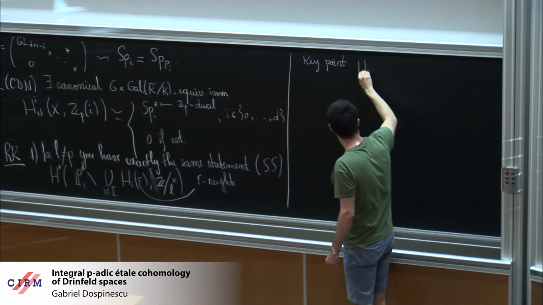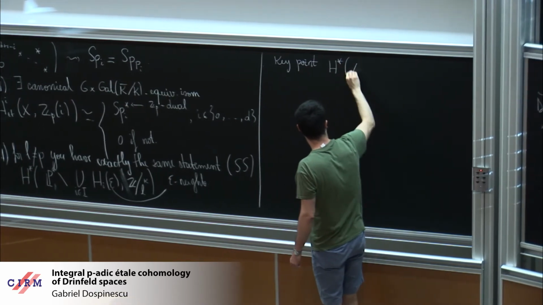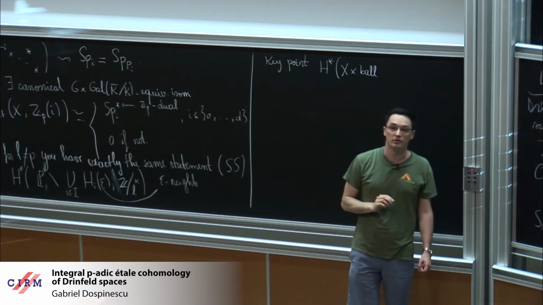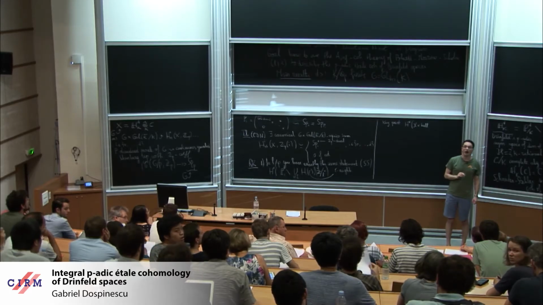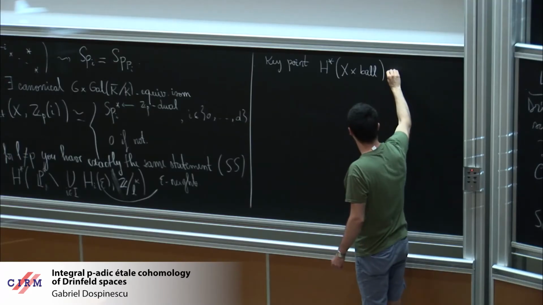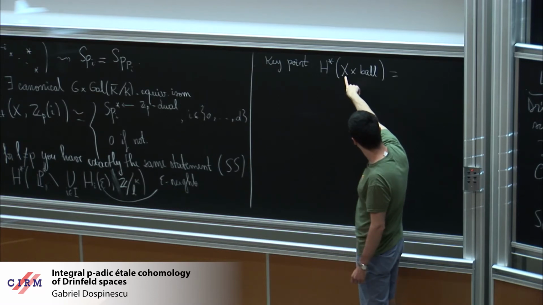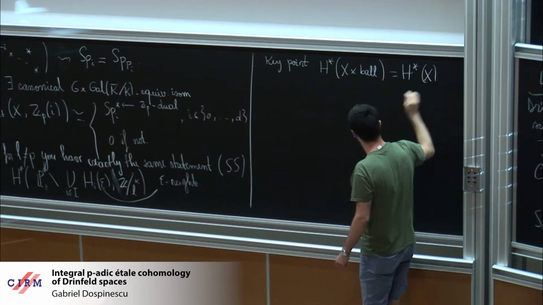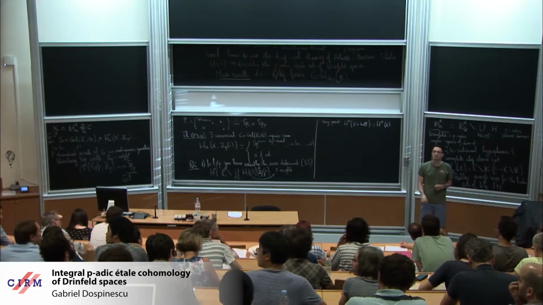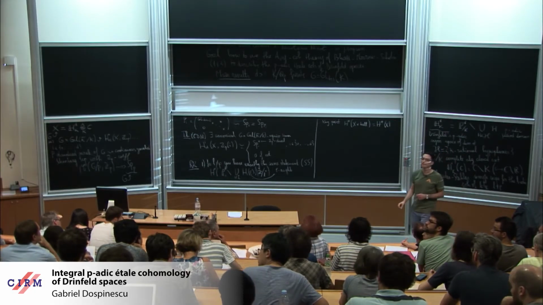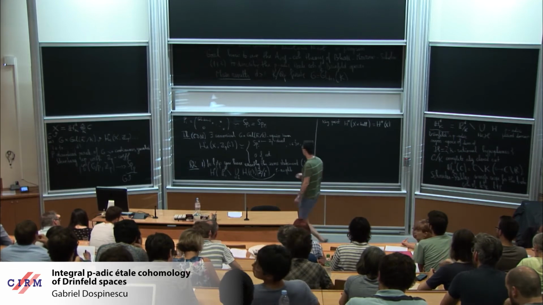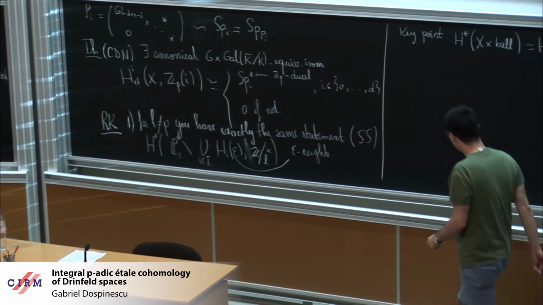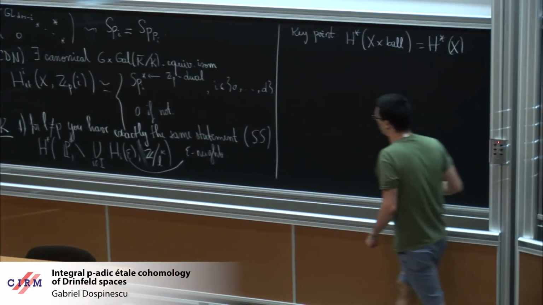is that if you take the cohomology of a space cross a ball, if you take the cohomology of the product of a space and the ball, you get the same thing as the cohomology of the space itself. You put trivial Galois action here.